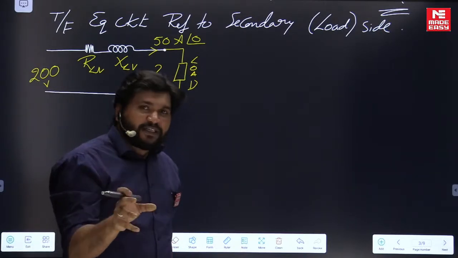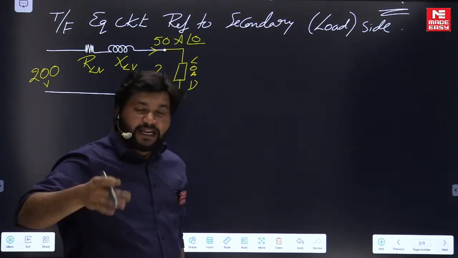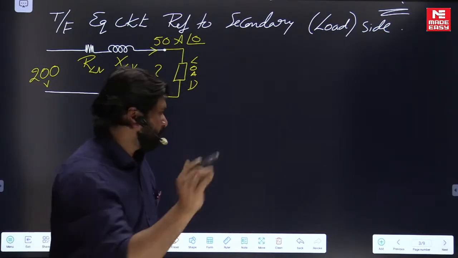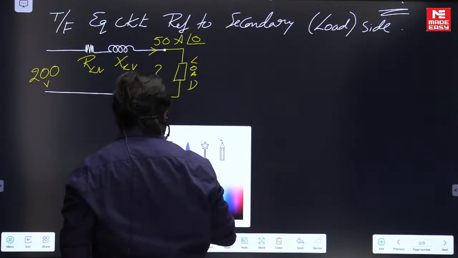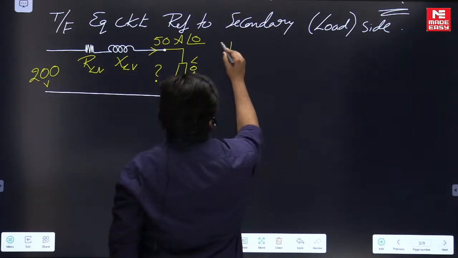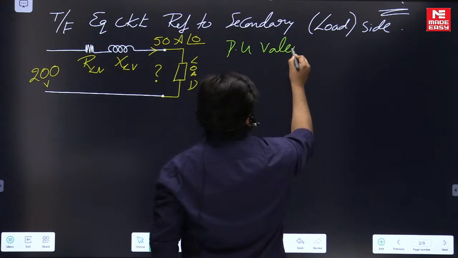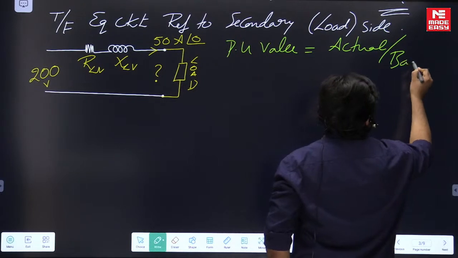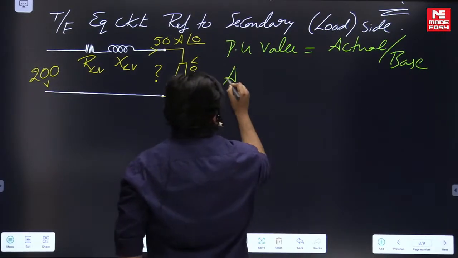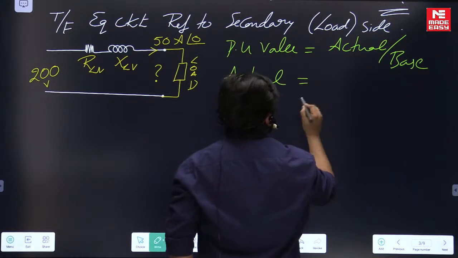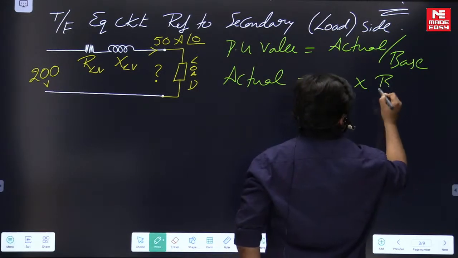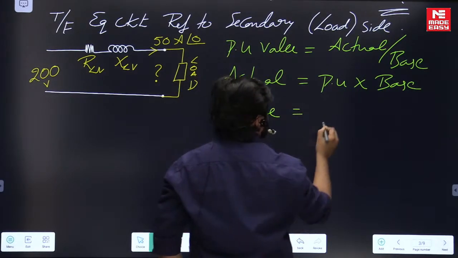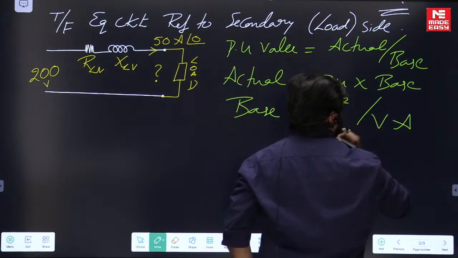So this information, like what I solve now, also helps you to solve some other set of questions involving per unit, actual values, base values. You know already one thing like this. Per unit value is equal to actual by base value. So actual value in ohms is equal to per unit into base value, and base impedance is V square by VA.